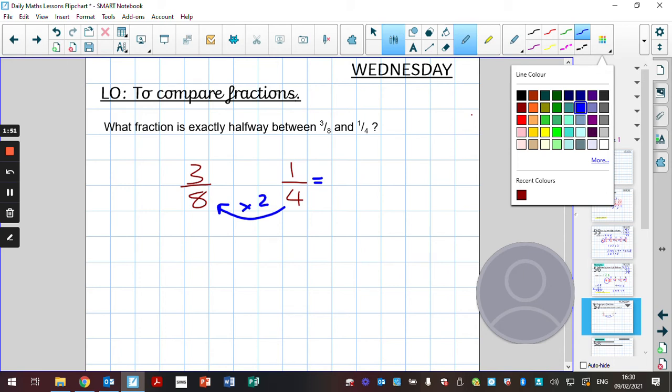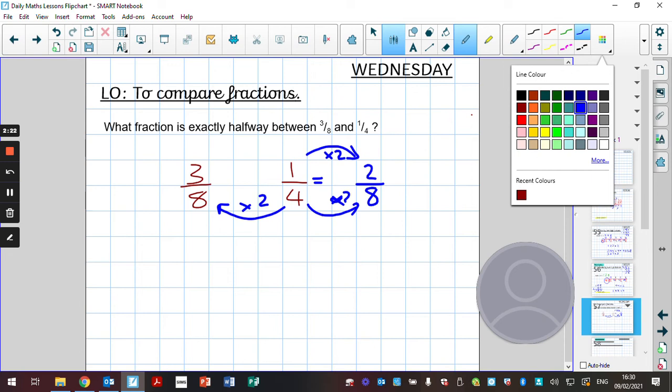I need to do exactly the same to the numerator. Multiply that by 2, I get something over 8, and that's a common denominator. So 1 multiplied by 2 is 2. Now I can start to compare them.